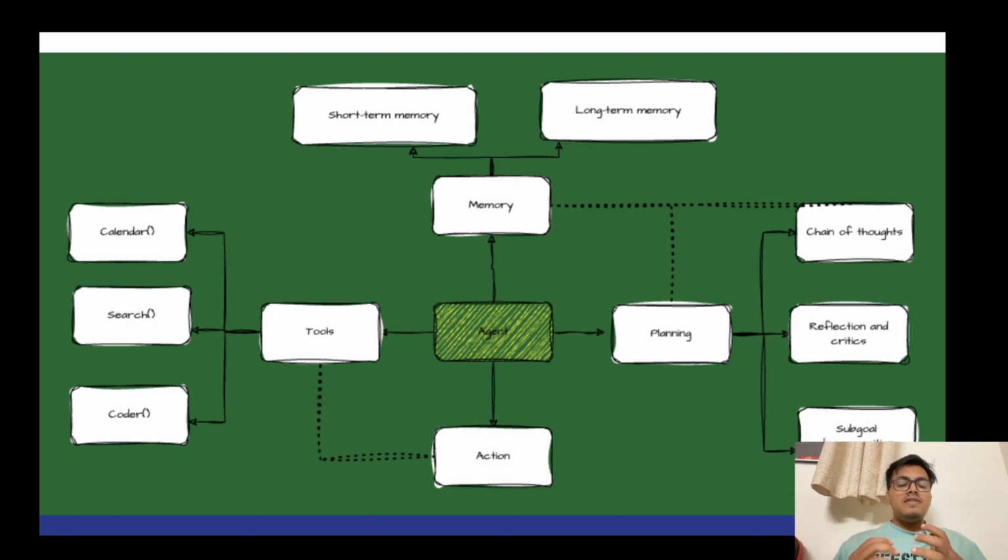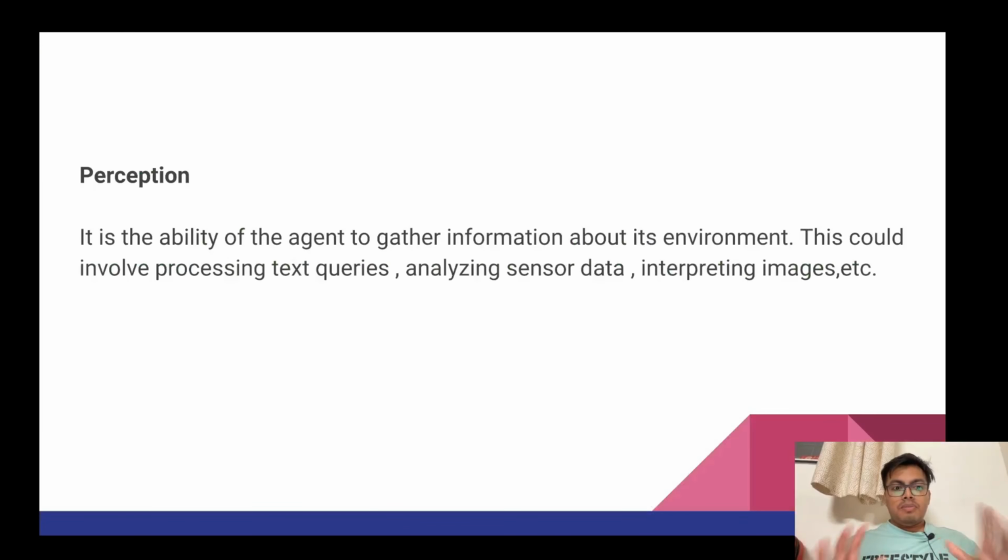So what happens in perception? It is the ability of the agent to gather information about its environment. This could be processing text queries, analyzing sensor data, interpreting images. So it is about understanding the environment and gathering information regarding it.